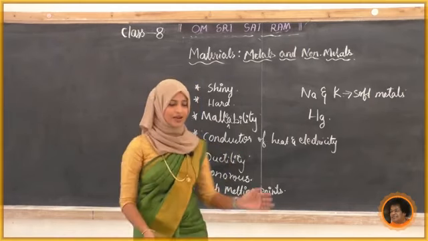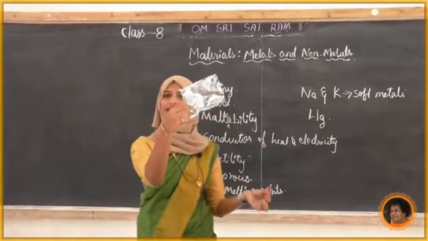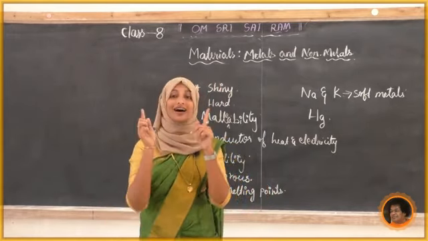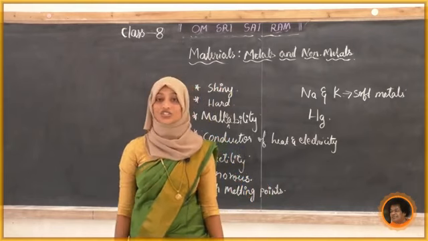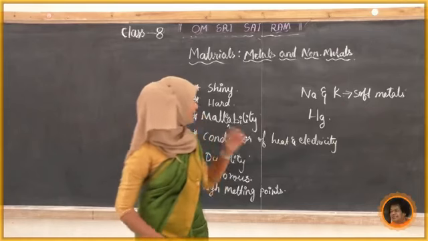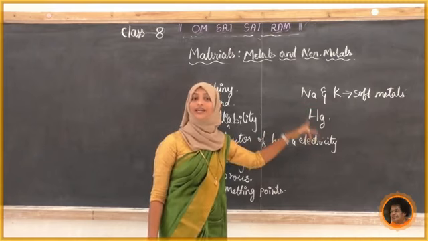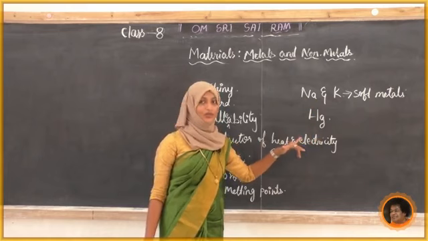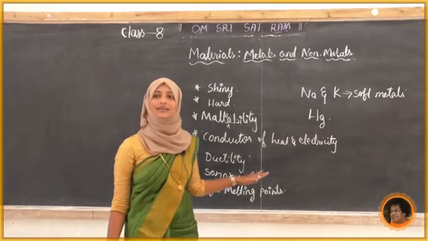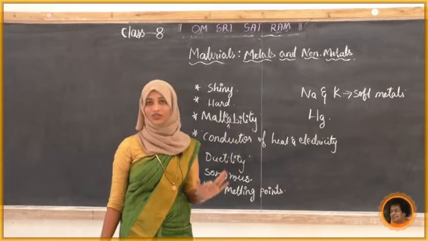All other metals, we can see iron knife, aluminium, gold, silver, all those things are solid in their nature. At room temperature they are solid, but the only exception is mercury. Mercury is always liquid at room temperature. So we come to know, these are the exceptions. All other metals have similar physical properties. The only exceptions are sodium, potassium and mercury.